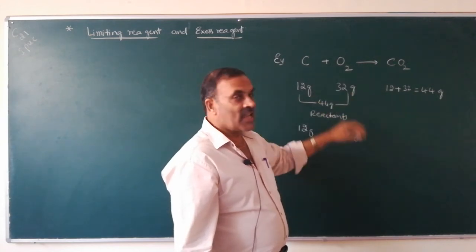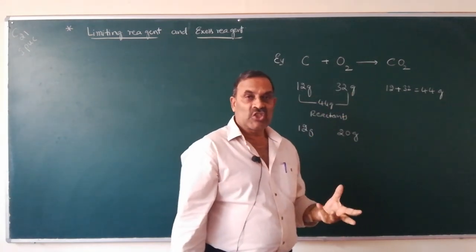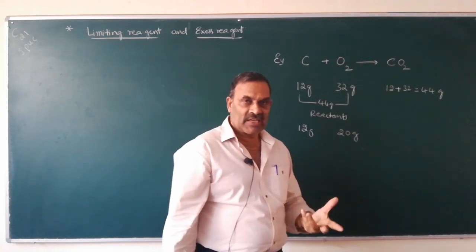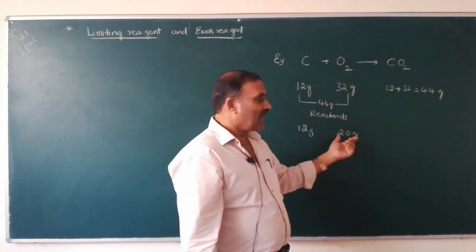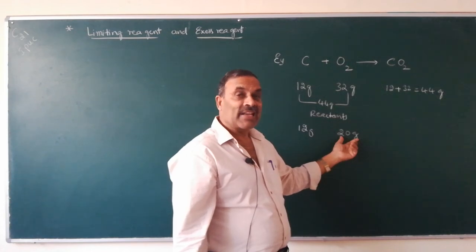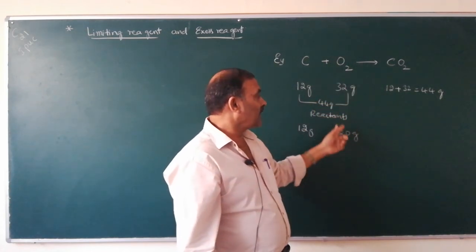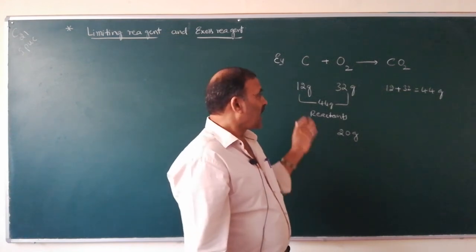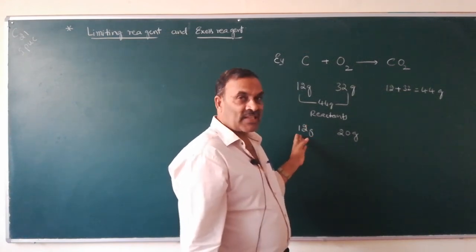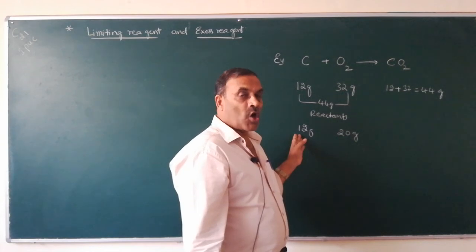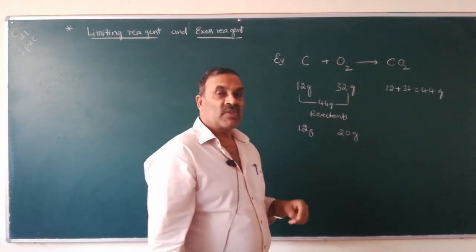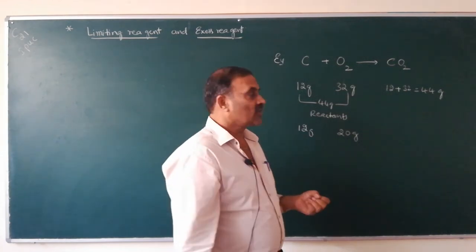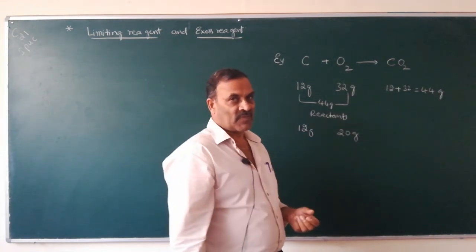Such a reactant which is consumed completely in a reaction, or which is present in lesser amount than required, is called the limiting reagent. And the reactant which is present in excess, or which is not consumed completely during the reaction, is called an excess reagent.